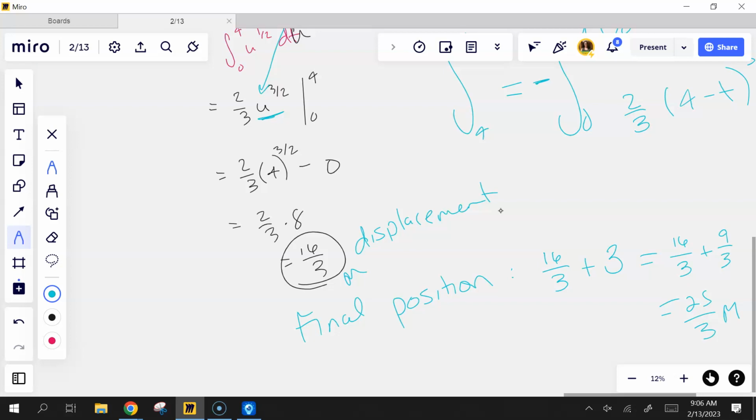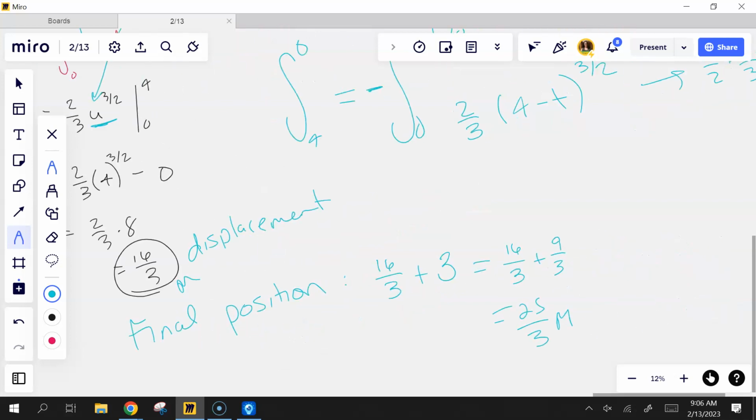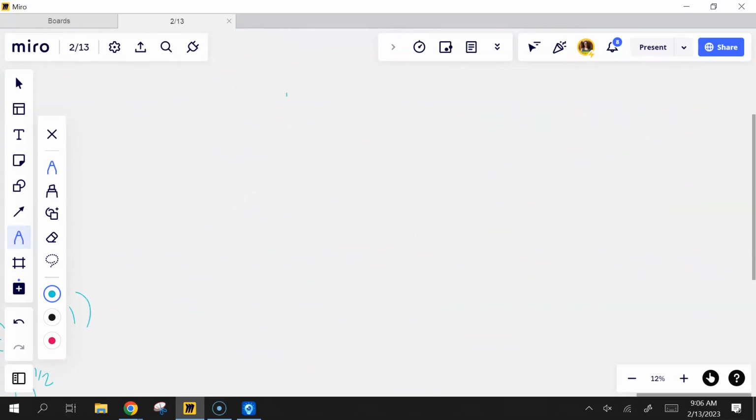Now I want you to think about this. This one you have to think about a little bit. Total distance traveled. Yes, it has to do with velocity. But if I just do the integral of velocity on this definite integral, that's displacement, right?